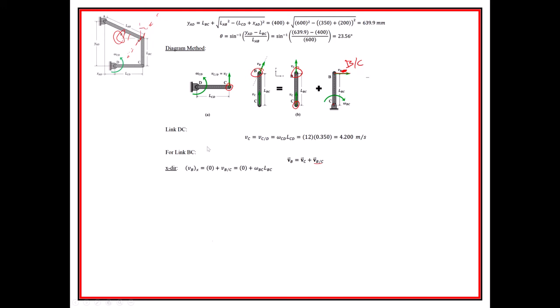So in the x direction, from this diagram up here, this center part, we're going to find that the velocity of B is going to be omega BC times LBC, right? So it's going to be this times this. It's just going to be that horizontal, and that's going to end up being what this is in the x direction.